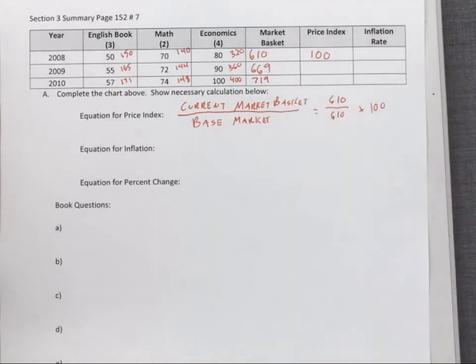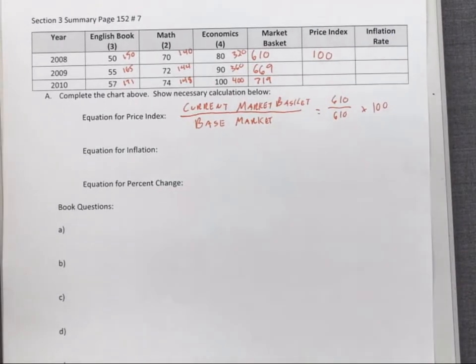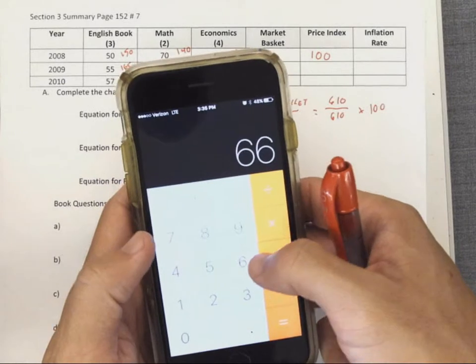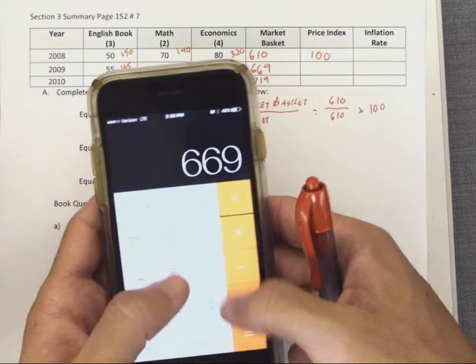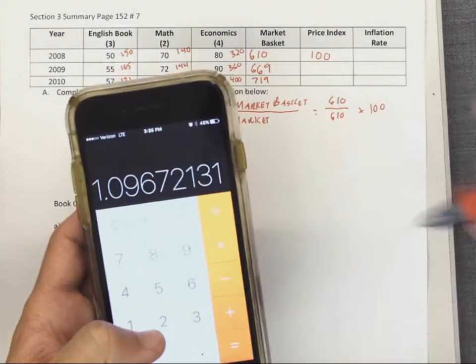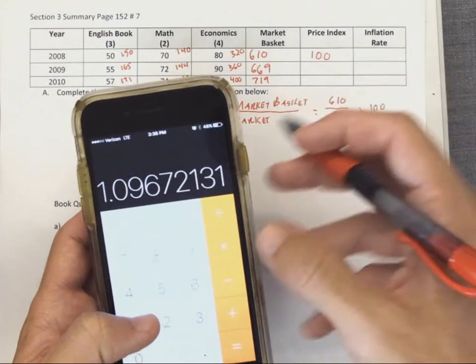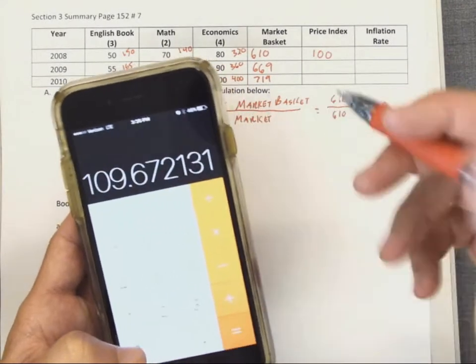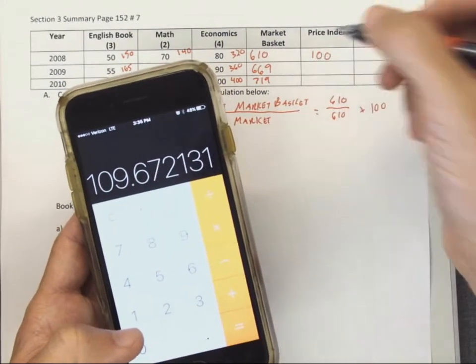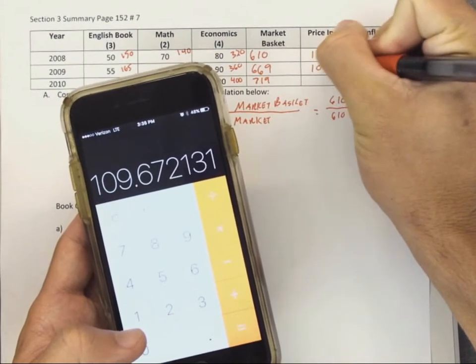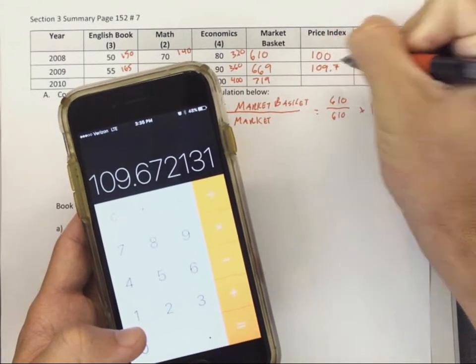Year 2 is going to be 669. You're going to then take 669 and divide 669 by 610, which is going to equal 1.09. Multiply that by 100, you're going to get 109.7.